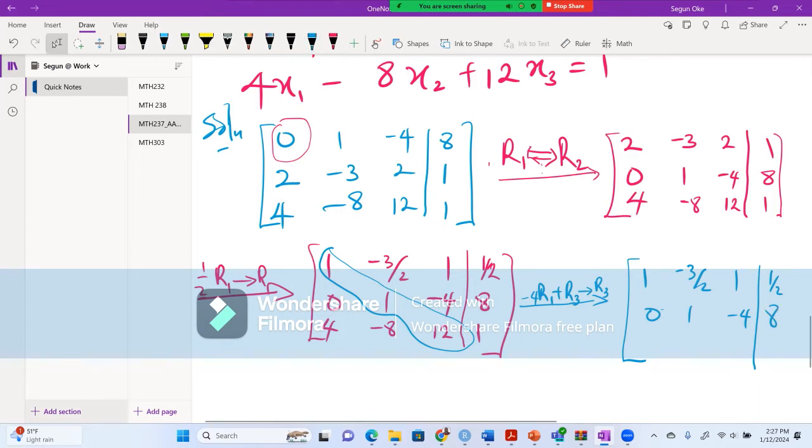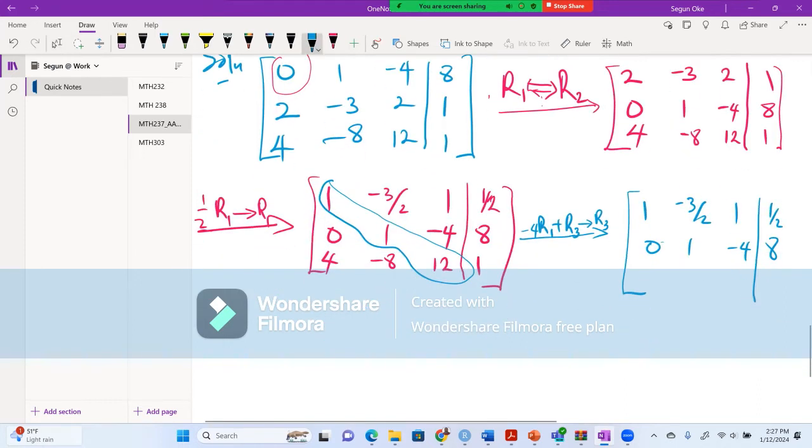So -4 times R1's 1 plus R3's 4 turns to 0, so we have 0 here.